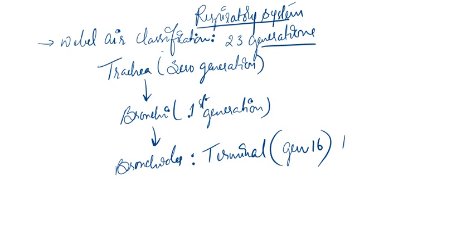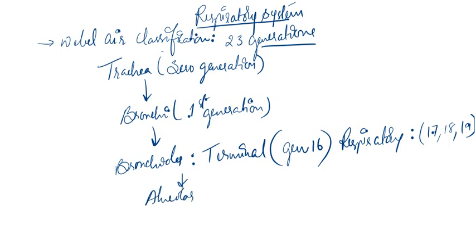But respiratory bronchioles refer to the 17th, 18th and 19th generations. Now bronchioles are followed by alveolar ducts.